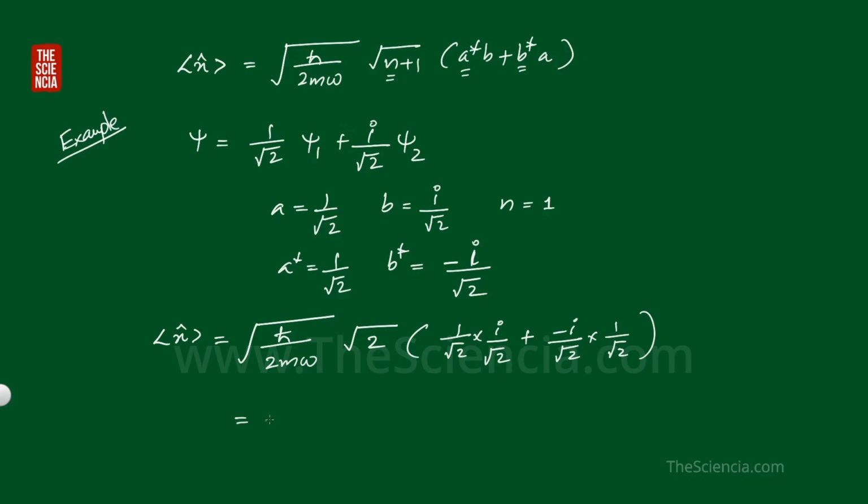So we get root h cross by m omega into (i by 2 minus i by 2). That is, the expectation value of x is equal to 0.